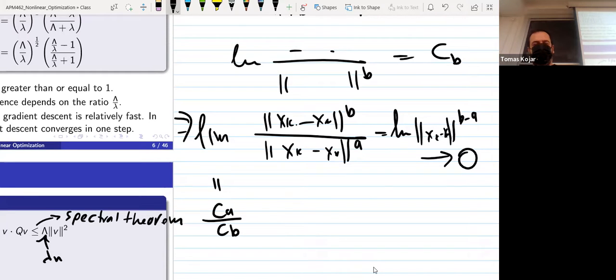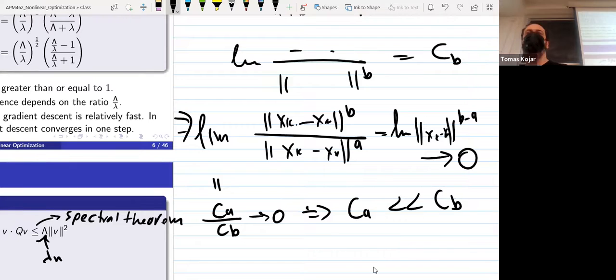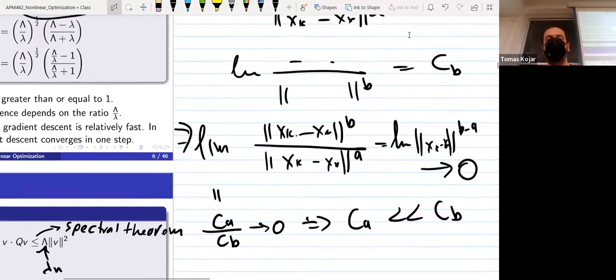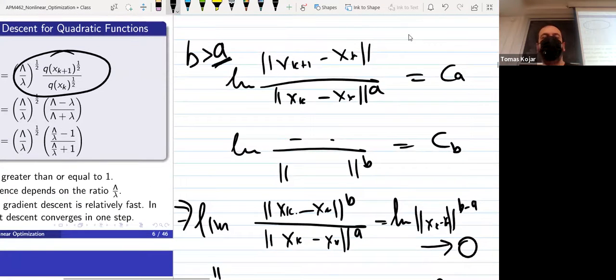Since it goes to 0, it means that C alpha is much smaller than C beta. So C alpha is a better approximation. So the smallest one is what you want, right? So do you understand?